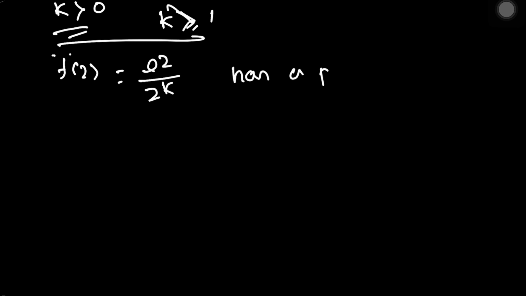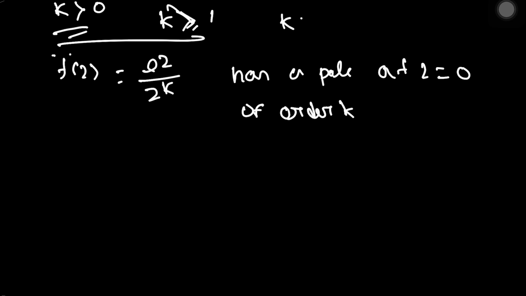Now when k is greater than 0, that means k greater than or equal to 1, the integrand f(z) equal to e^z by z^k has a pole at z equal to 0 of order k.